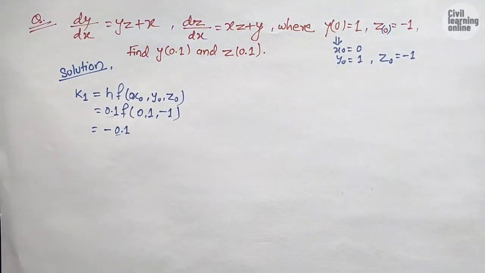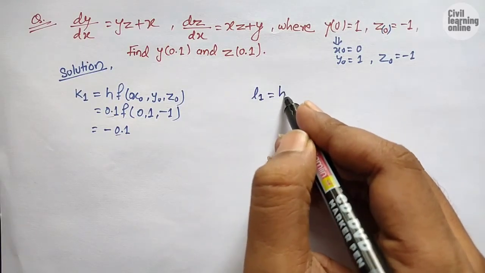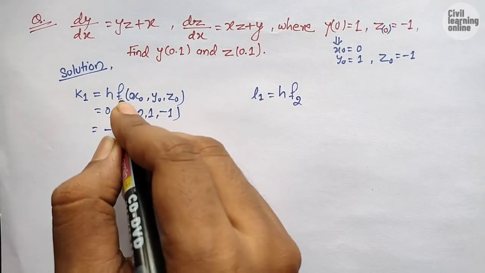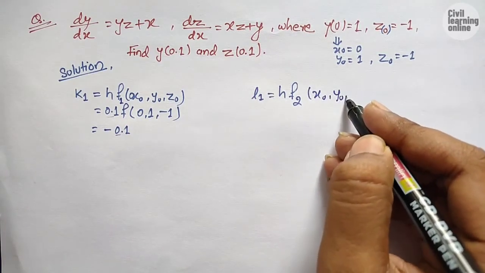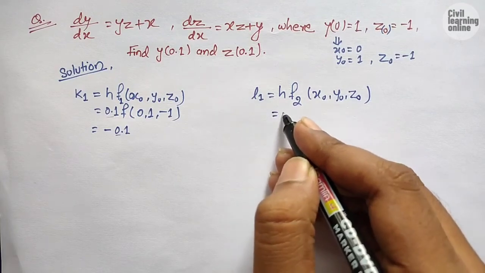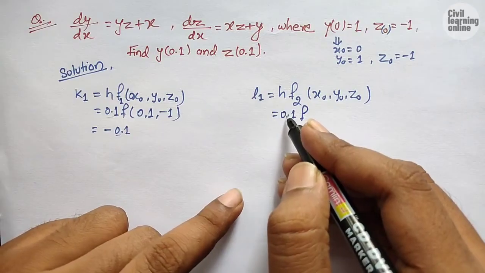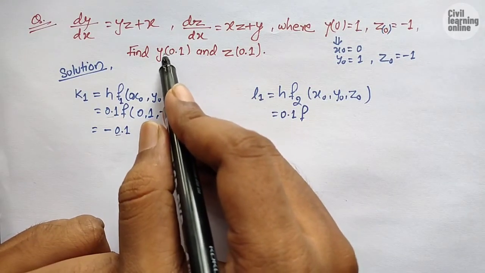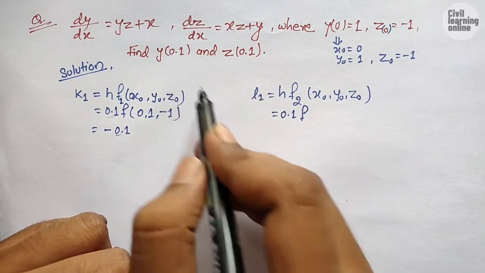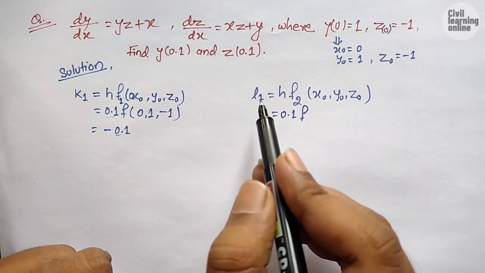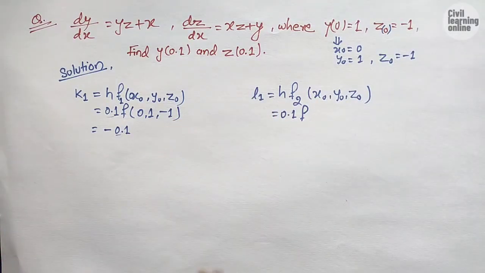Similarly, we need to calculate L1, and the formula for L1 equals h f2(x naught, y naught, z naught), and we have the value of h equals 0.1. This is an assumed value of h equals 0.1. If we were asked to find the value of y at 0.2, in that case, first we will assume h equals 0.1, and after calculating the value of y1, we will again proceed to calculate the value of y2.